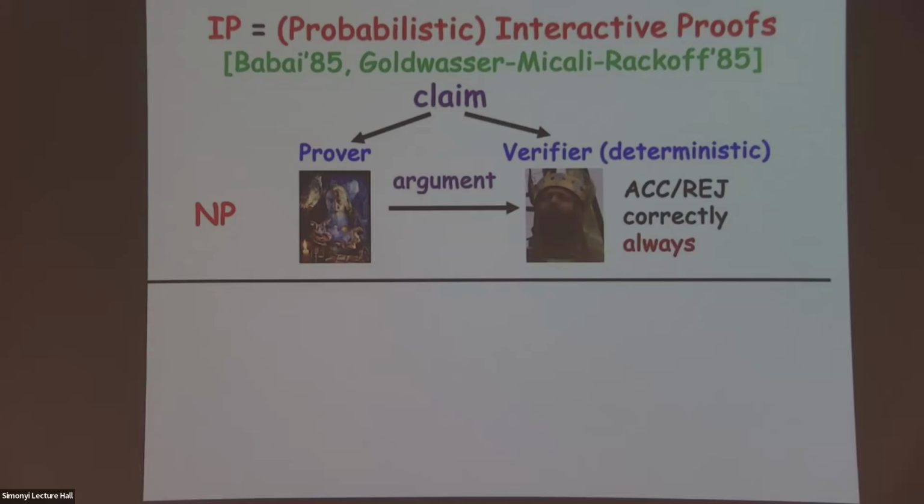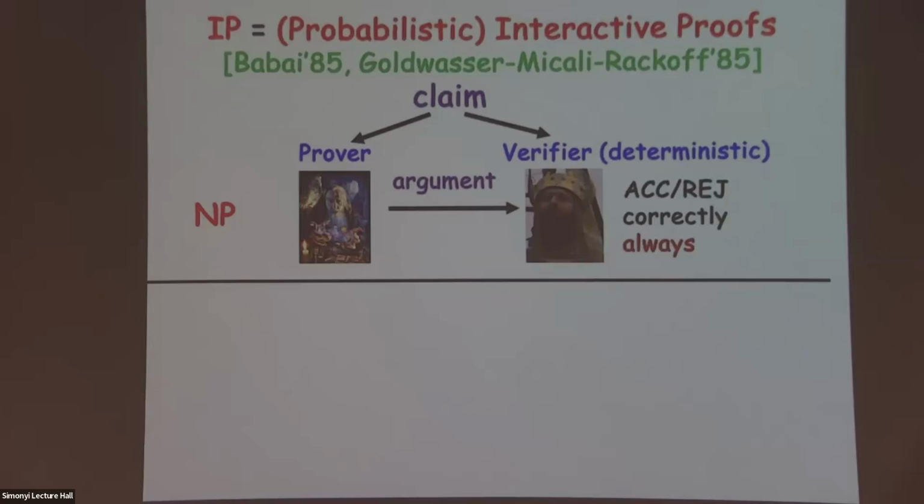They both know a claim. And the prover wants to convince the verifier. The verifier, of course, doesn't trust the prover. And so he sends an argument, and the verifier, who is an efficient algorithm, should decide to accept or reject, and is always correct, right? The prover cannot convince the verifier of a false claim.